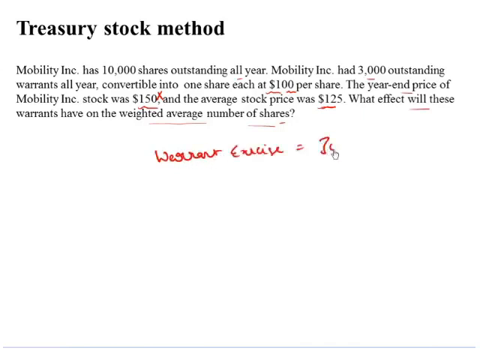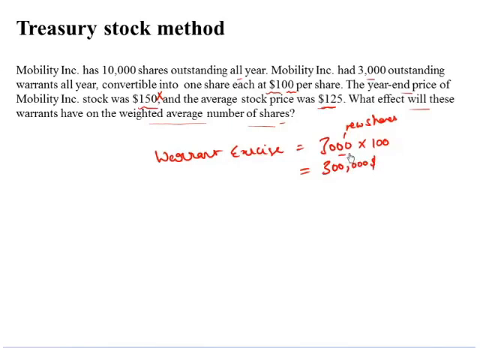There are 3,000 warrants outstanding. That is, 3,000 new shares would have to be issued by the company for receiving a price of $100. The company would have created 3,000 new shares, but would have also received 300,000 additional dollars.